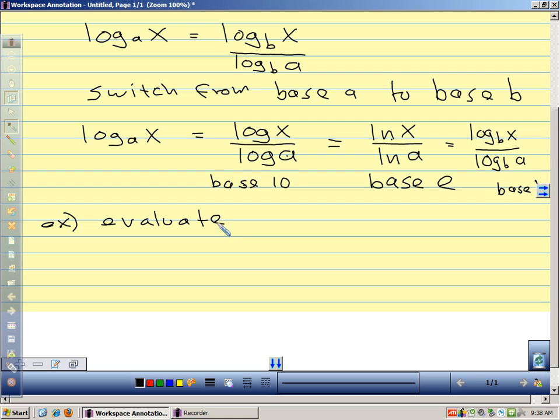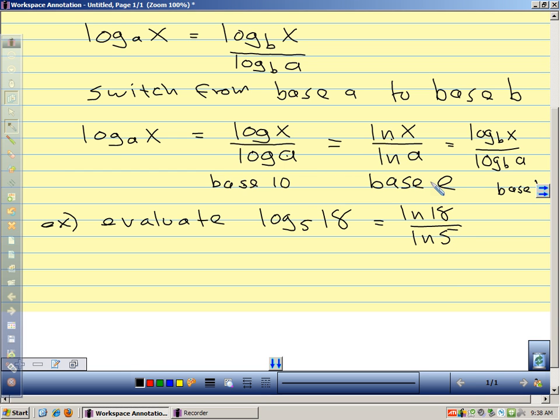So if we want to evaluate log base 5 of 18, our calculator won't do log base 5. So we need to do our change of base formula. Log base 5 of 18 equals the natural log of 18 over the natural log of 5. That's plugging into our change of base formula.